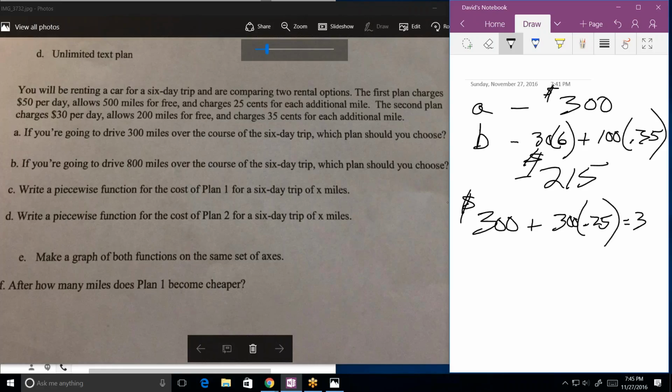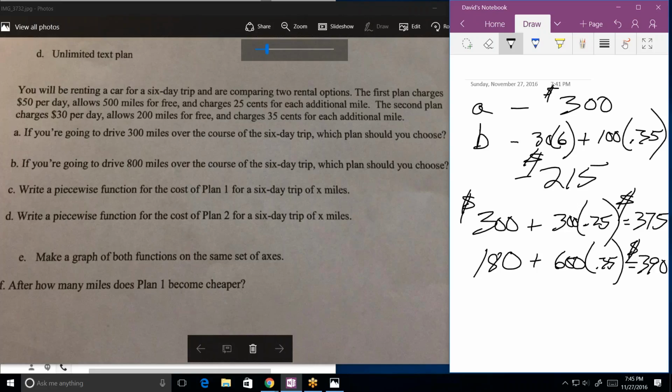So that cost is $375. Under plan B, we got 30 times 6, 180, plus, and now we have 600 extra miles at 35 cents per mile. 390. What's that total? $390. Ah, so plan A. You were right. But it wasn't that obvious, and they're not that different. Yeah, the difference in these two plans is fairly dramatic.